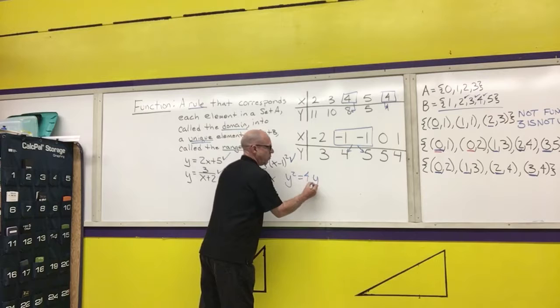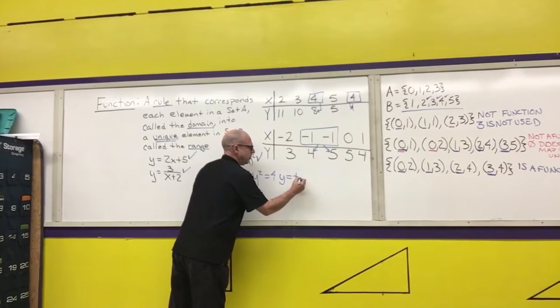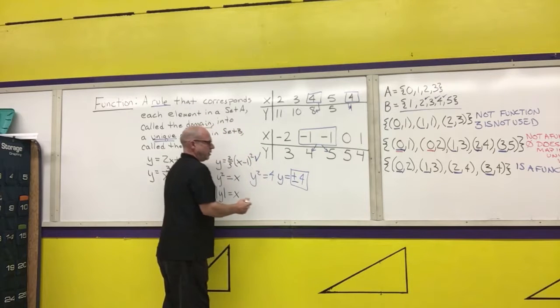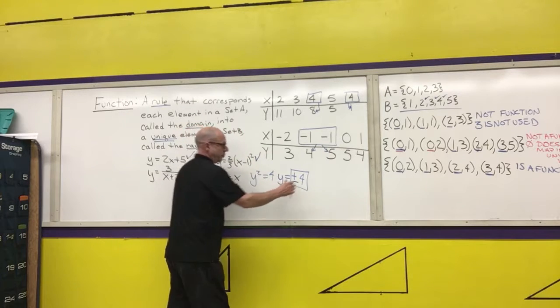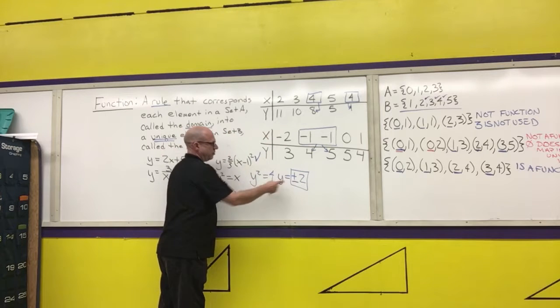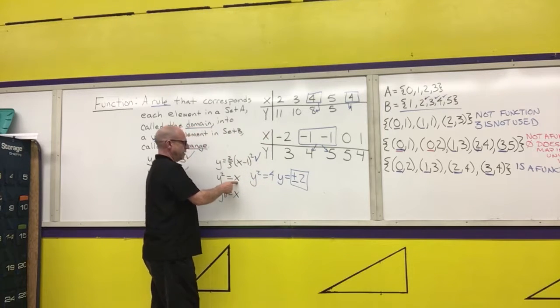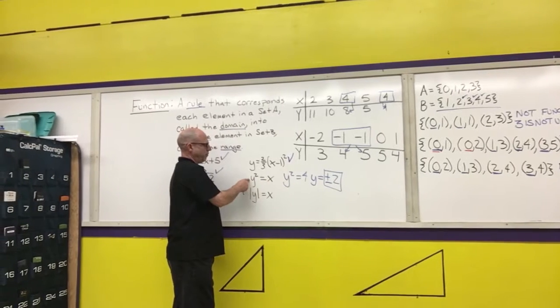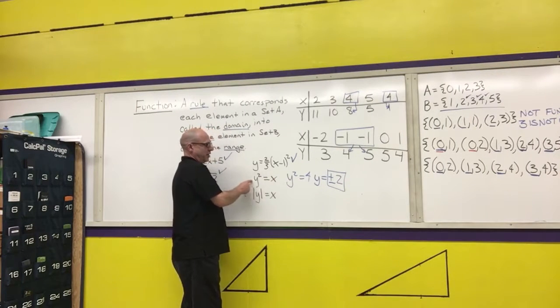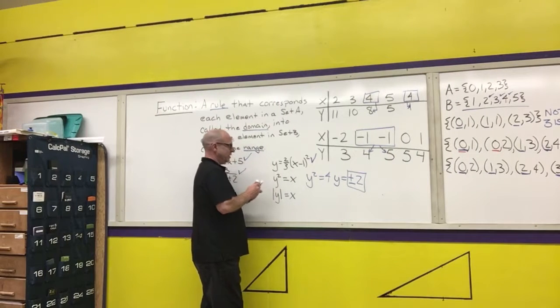In this case, you get y equals plus or minus 2, which is two different numbers, because negative 2 is a number that I can put in for y. Basically, if I have a 4 for x, it can come from putting a negative 2 in for y or a positive 2 in for y. So this one is not a function.